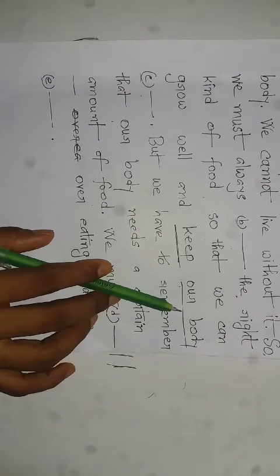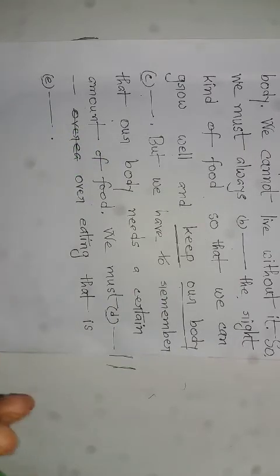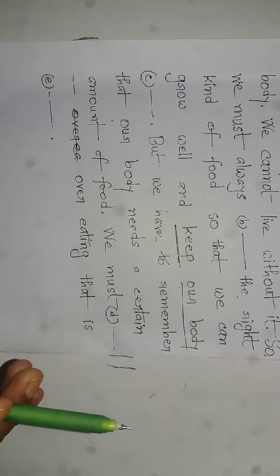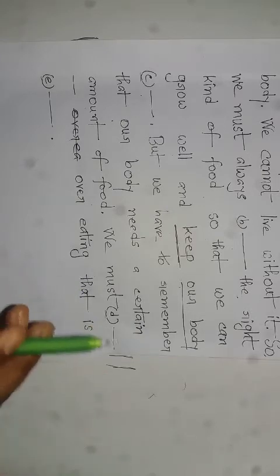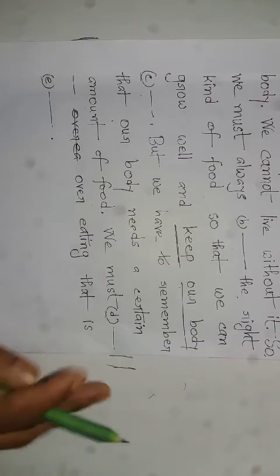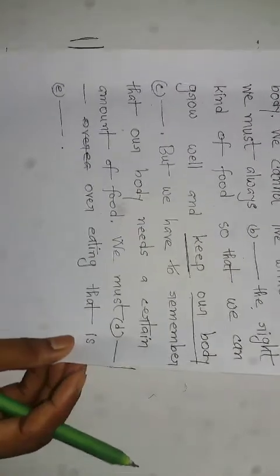Notice the meaning of the sentence. We eat good or balanced food that gives us energy and makes our body fit or strong or healthy. So you may choose any one of these synonymous words to complete the meaning of this sentence.